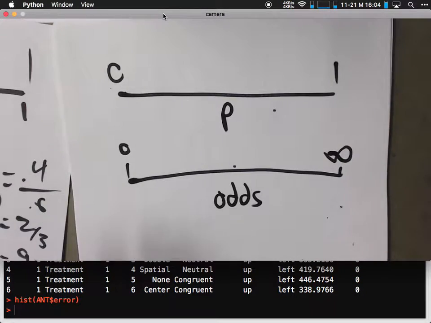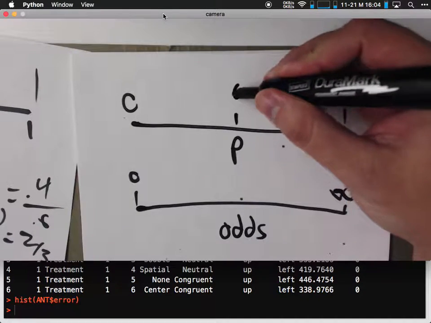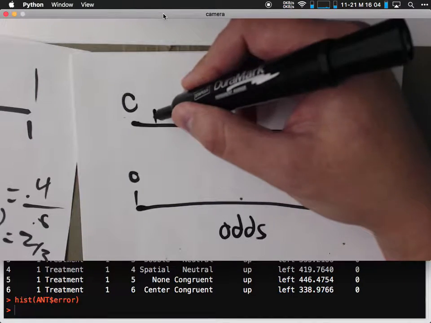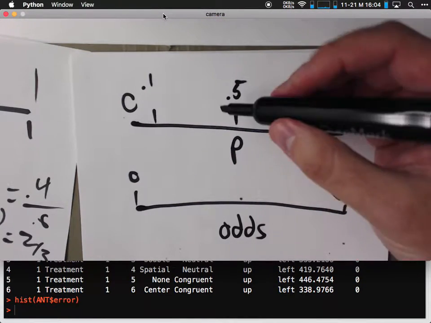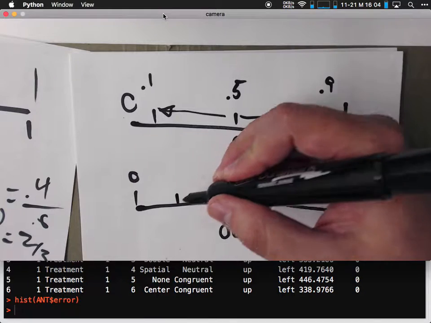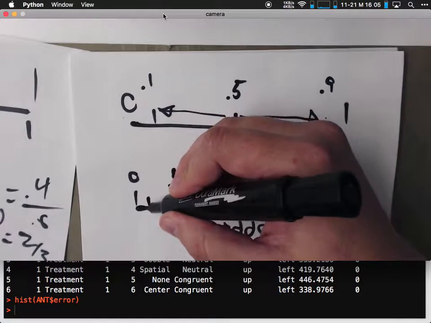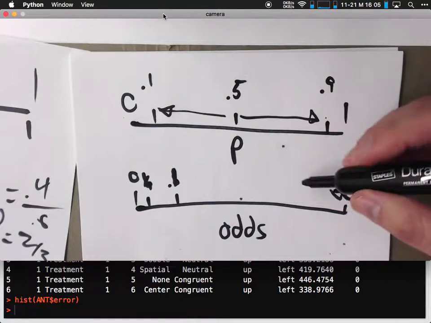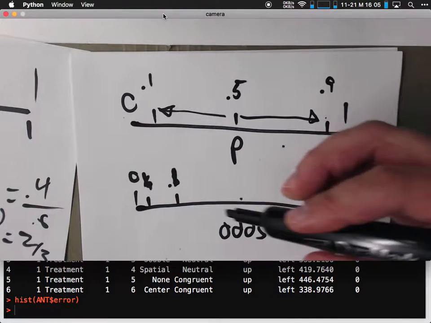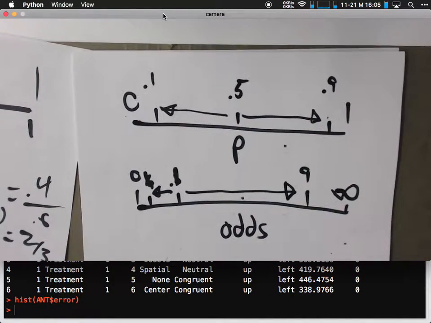So if you imagine on this scale 0.5, 0.9, 0.1, an equal jump in this range yields 1, 1/9, and, well, it's obviously not super close to infinity, but 9. So it yields a very asymmetric jump in the odds range.